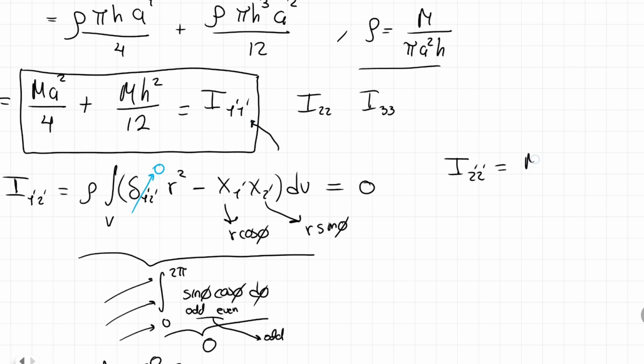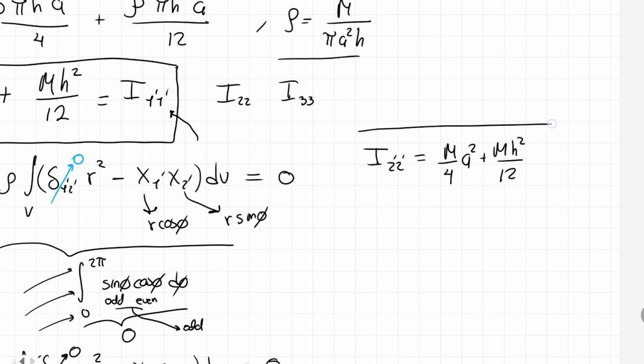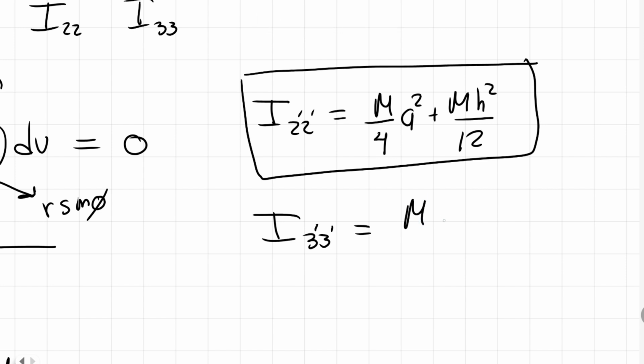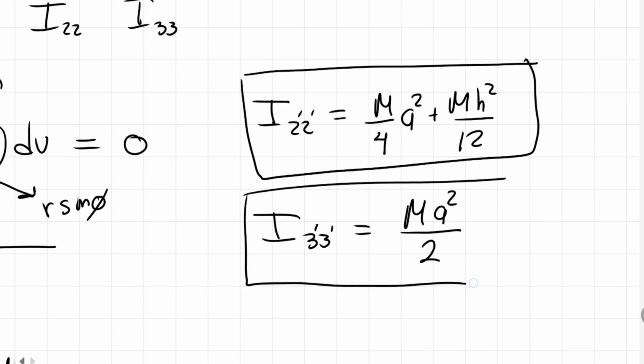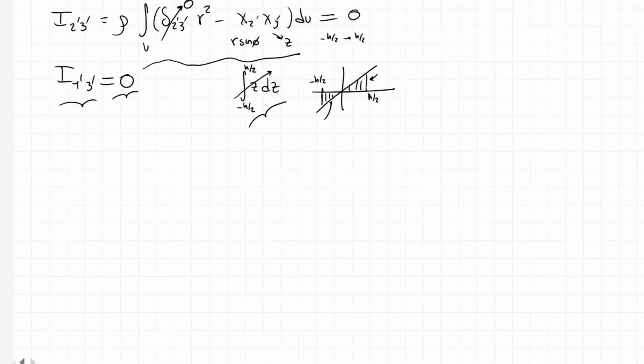So this will be equal to m over 4 a squared plus m h squared divided by 12. Okay? And for the I3 term, if you make all the process exactly the same, you will get that this is going to be equal to m a squared divided by 2. Okay, so this will be the final component.